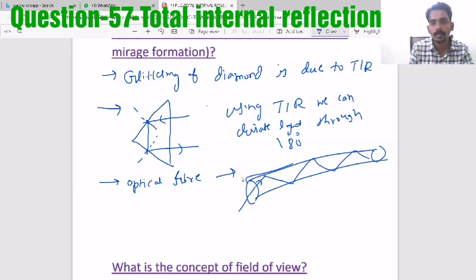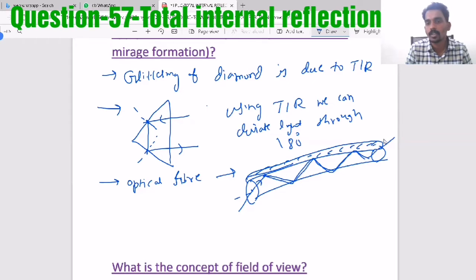It is coated by some material such that the refractive index is lesser, so that the light tries to enter from denser to rarer medium, so that there is a chance of total internal reflection. The angle of incidence will be such that total internal reflection takes place, so that the light keeps on taking multiple reflections and emerges only from the other end. Just like in endoscopy, they use this phenomenon.